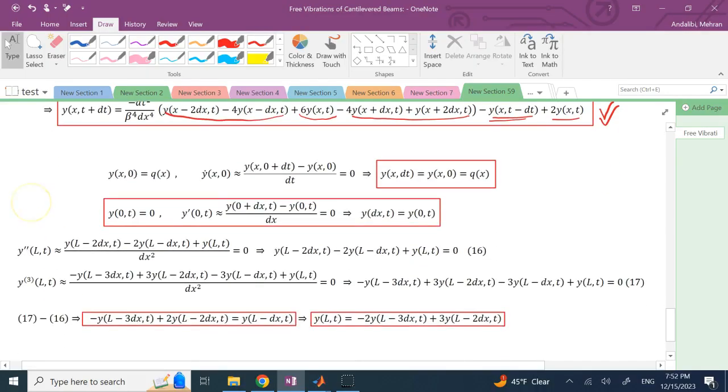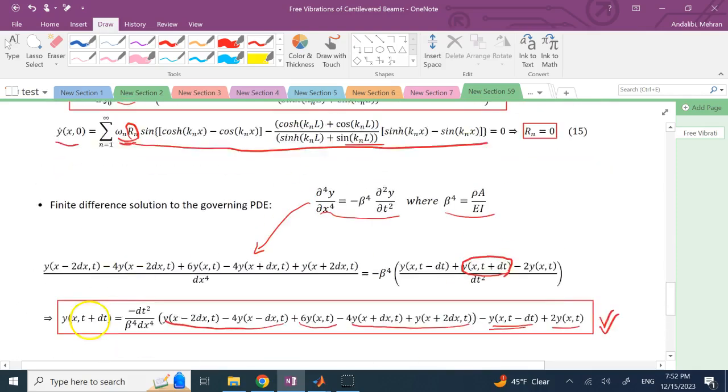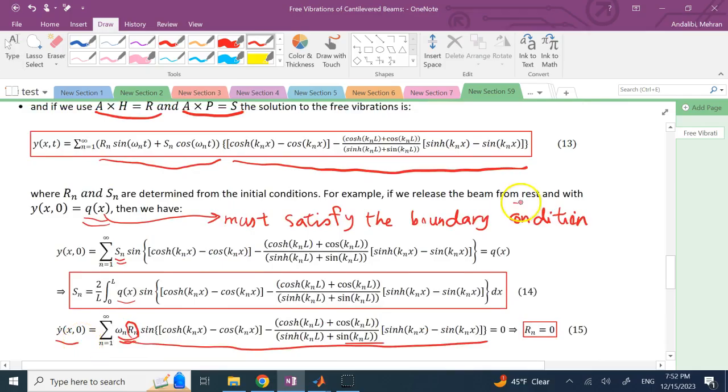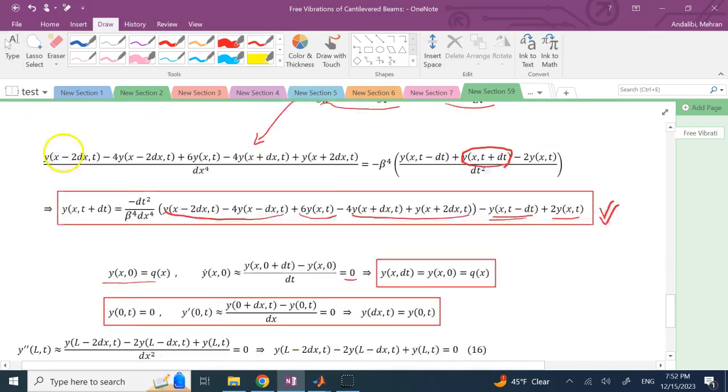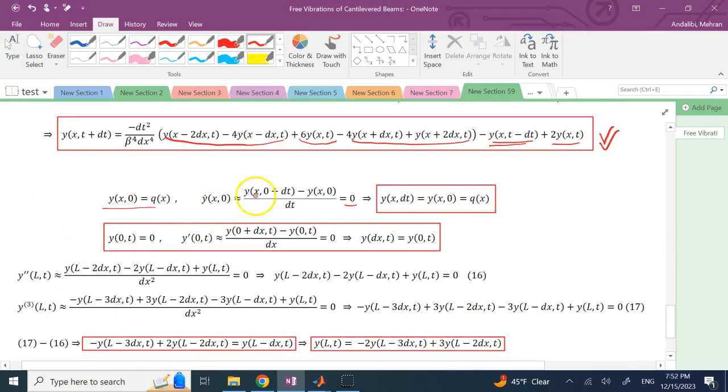Now we need to apply the boundary conditions as well as the initial conditions. What were those? The first one was at time 0, y equals q of x. And y dot at time 0, here we assume it's 0. Remember, we assume the system is starting from rest. For y dot, we use the same forward derivative that we used last time in the string.